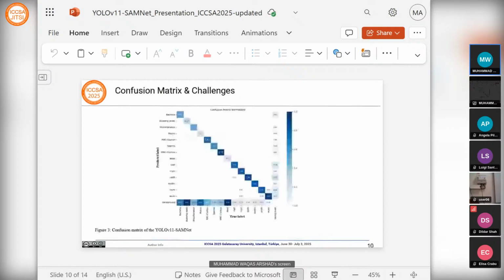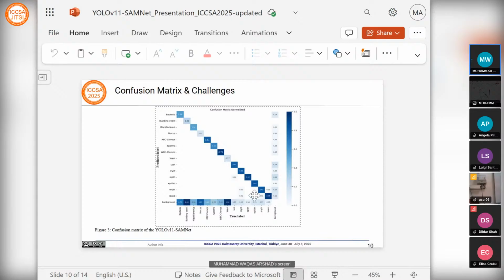So the next slide is about the confusion matrices and the challenges. If you look at this matrix, it gives us the full model performance across all the 14 classes. The strong dark blue values along the diagonal indicate correct classification for classes like leukocyte. If you see here at the bottom, it shows 94%, and then we have the epithelial cell, which shows 92%.